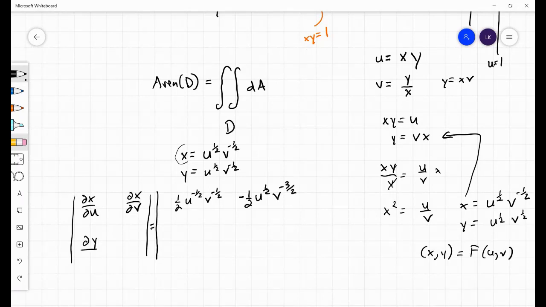So now the derivative of y with respect to u. Something went wrong. Hold on, what did I do? It's supposed to be positive 1/2. Let's rewrite. And then the derivative of y with respect to v.